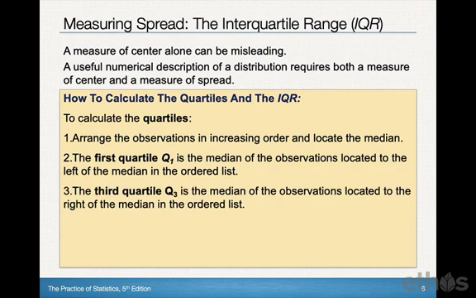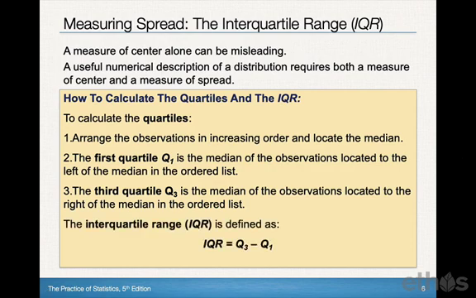And then on the right side, Q3 is the median of the data to the right of the median in that list. So I like finding it that way. They will only ask you to do this in data sets that are small enough to do this quickly. And it's a very handy way to identify quartiles.